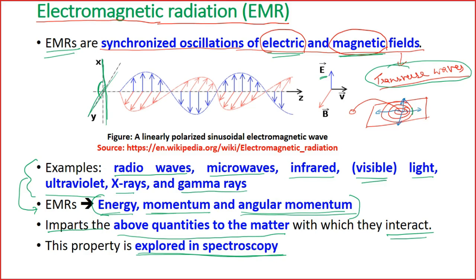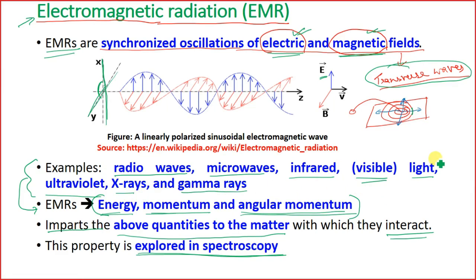So from this slide, what is the gist over here? The gist is that we have electromagnetic radiations which are used in spectroscopy. And what are electromagnetic radiations? They are basically transverse waves of electric and magnetic fields. Some common examples include radio waves, microwaves, infrared waves, light waves, then ultraviolet rays, X-rays, and gamma rays.